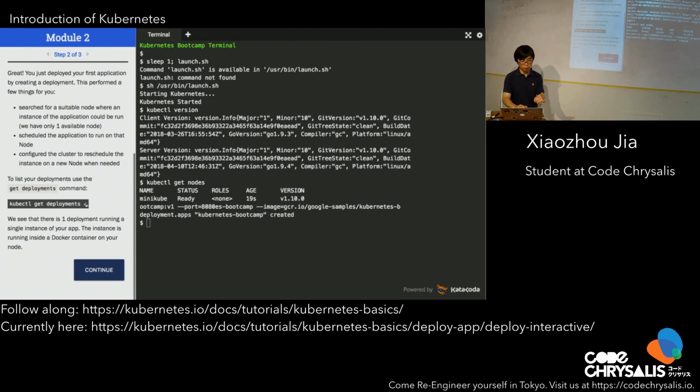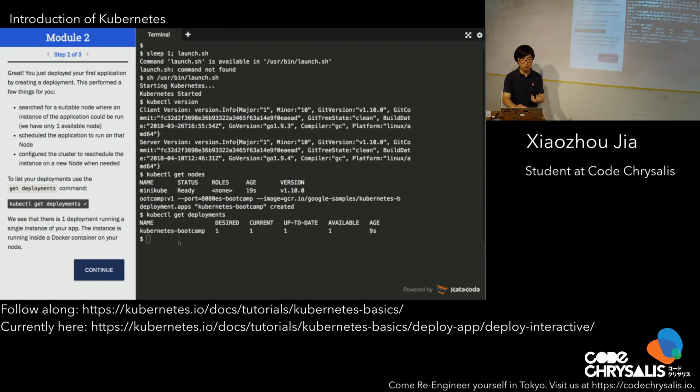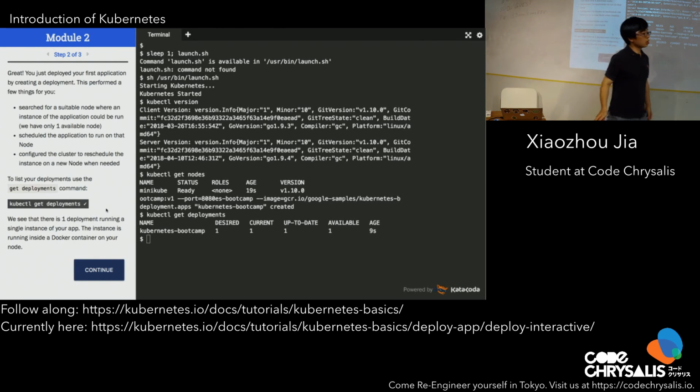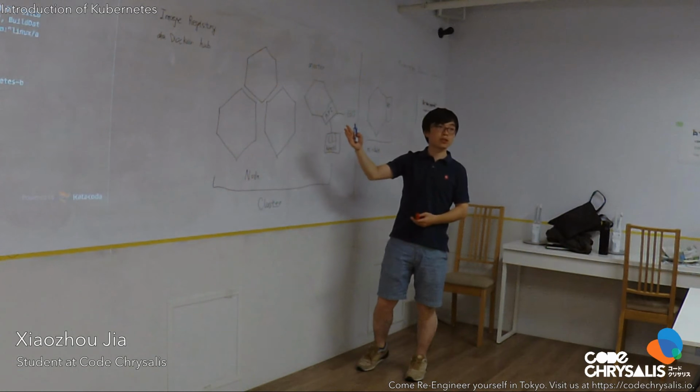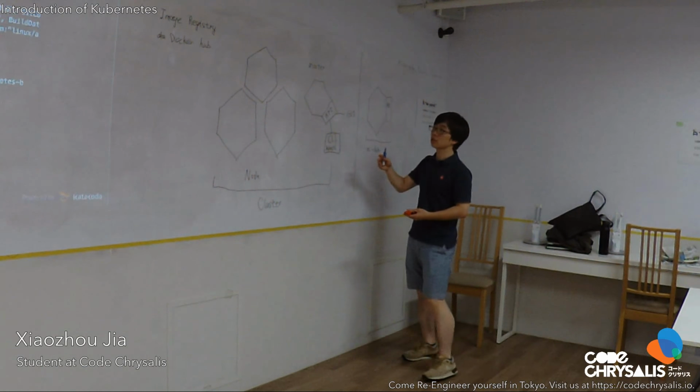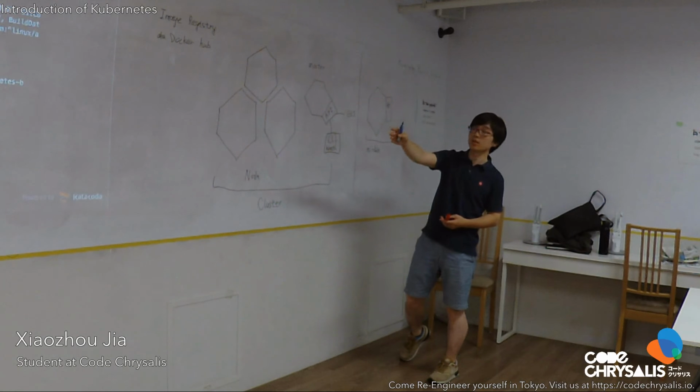If we do get deployments, we can see we have one deployment. I will explain what just happened after we ran that command. We used kubectl to tell our master to go to an image registry, grab an image, and run it. That's basically what that command means.